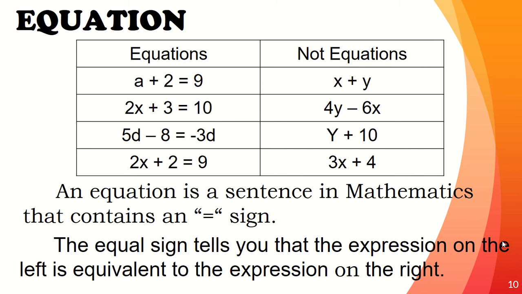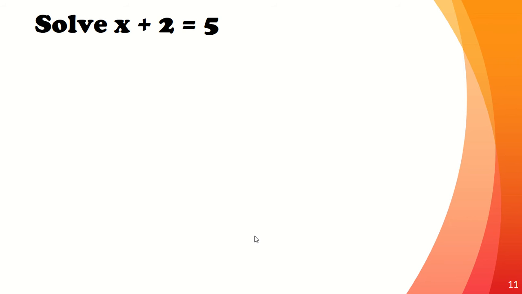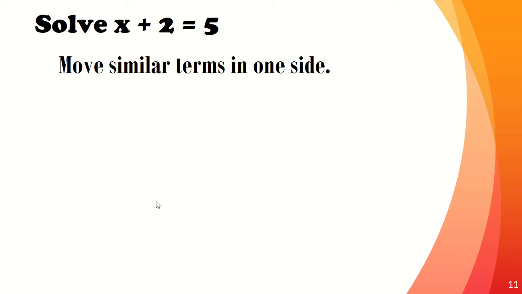So let's have an example. So let's solve x plus 2 equals 5. X plus 2 equals 5 is an equation. So, to solve this, you will move similar terms in one side. Alin ba yung similar term dyan? Yung 2 because it is a number. So, you will move it to the other side.